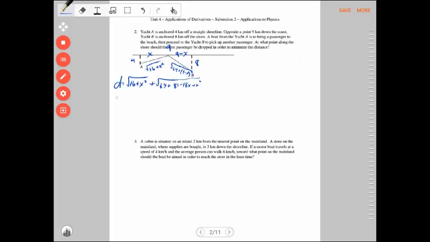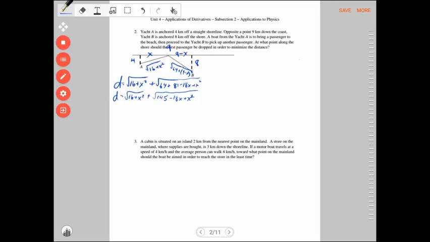Okay, and then one more simplify for this, so 16 plus x squared. Okay, so 64 and 81, that makes 145. So plus square root of 145 minus 18x plus x squared. Okay, so there's our distance function.